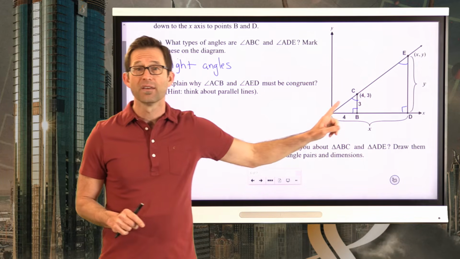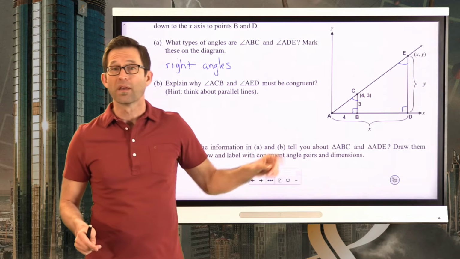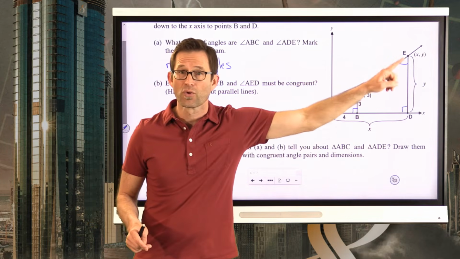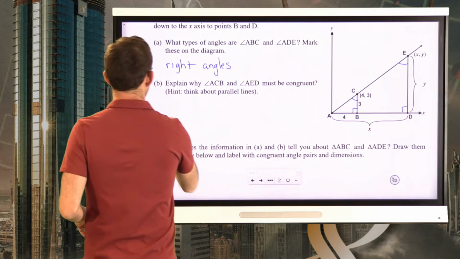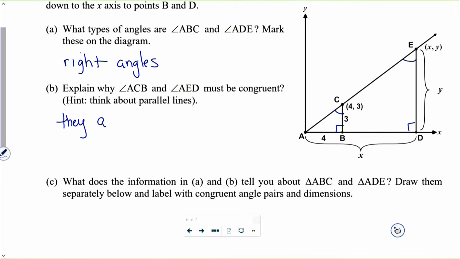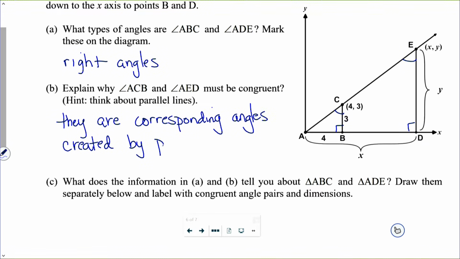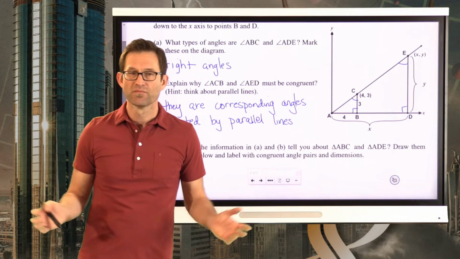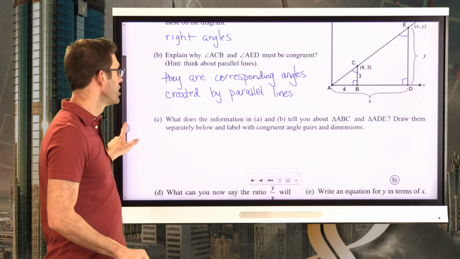In this case, these two angles are congruent because they're corresponding angles created by parallel lines. So let's get that down. They are corresponding angles created by parallel lines. Awesome.